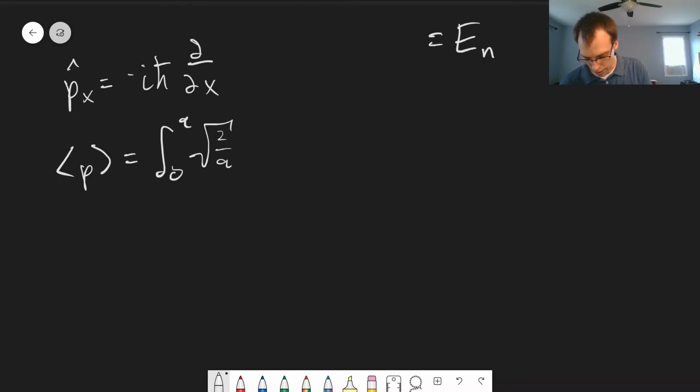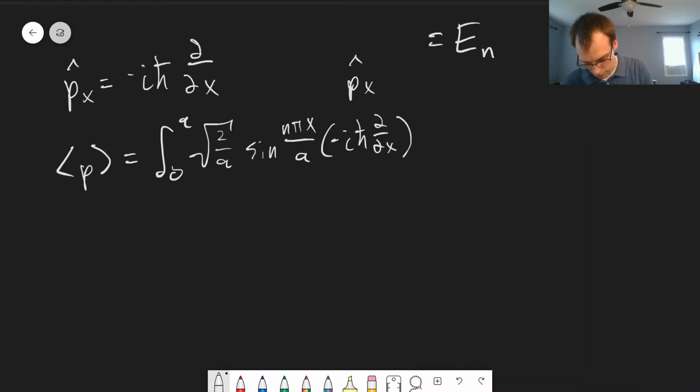We'll go ahead and put in our actual wave functions here, generically for any value of n: sine of n pi x over a. And then we'll have our negative i h bar derivative with respect to x. That's our momentum operator. And then our wave function again.